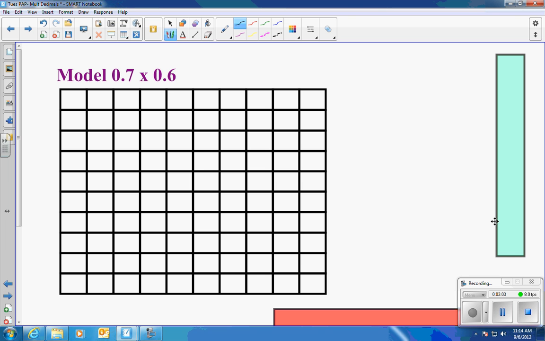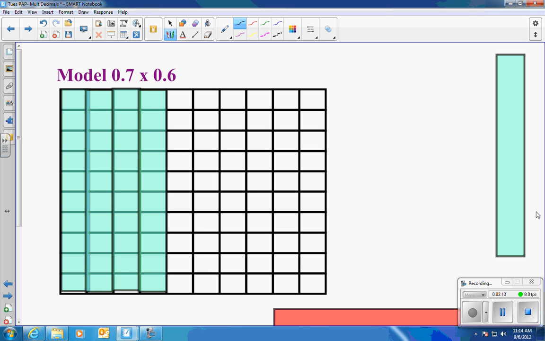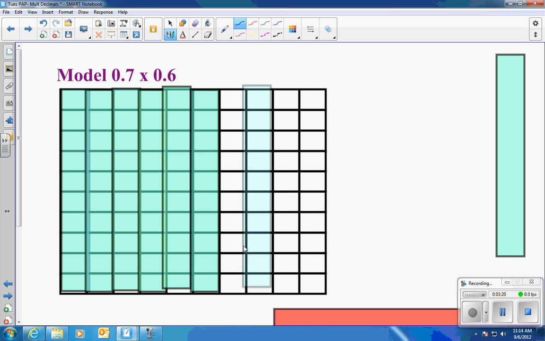So remember that multiplication means of. So when I do my next model, and you see the 0.7, I'm going to fill 7 of these in real quick. And then 6 of these.